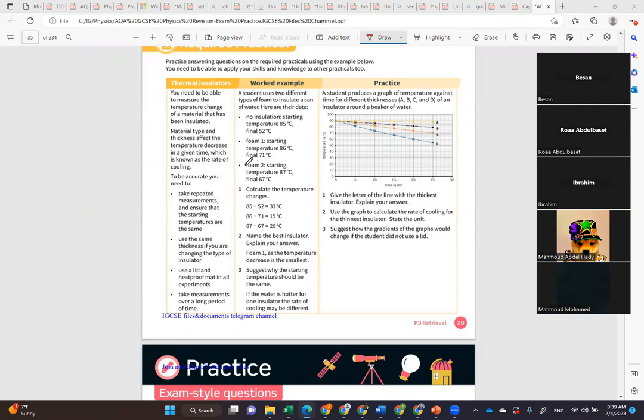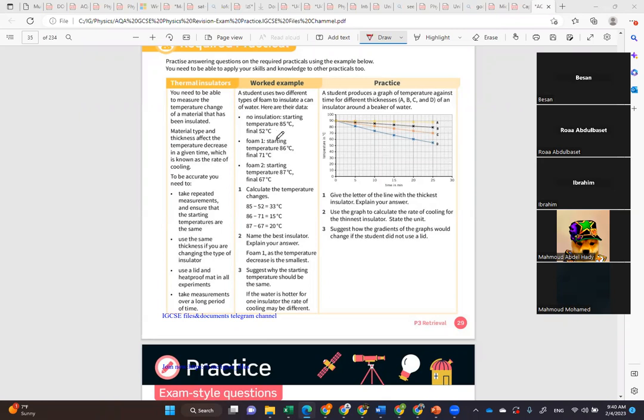We're gonna have now a worked example. Students use two different types of foam to insulate a can of water. Here are their data. No insulation: starting temperature is 85 Celsius and final temperature is 52. Foam 1: starting temperature is 86 and final temperature is 71.